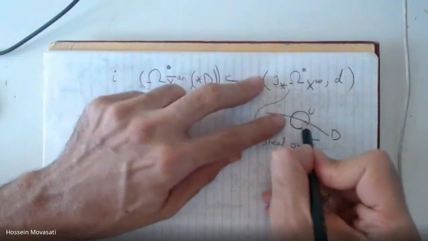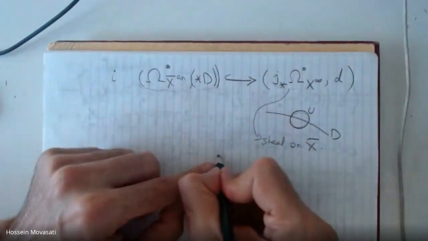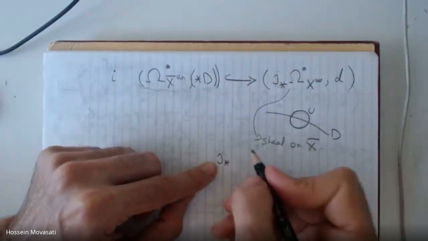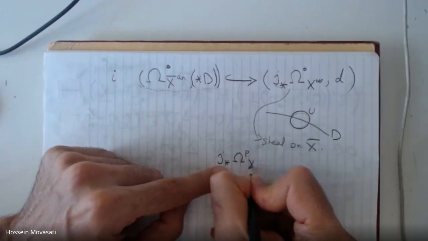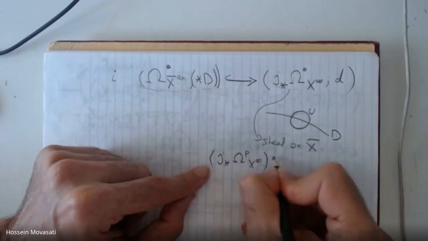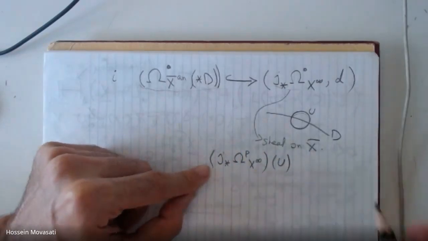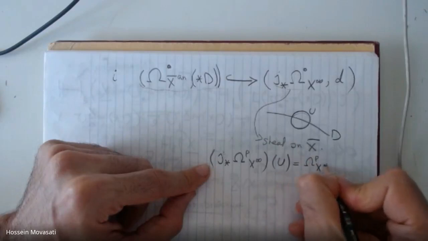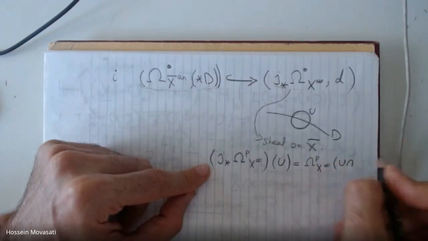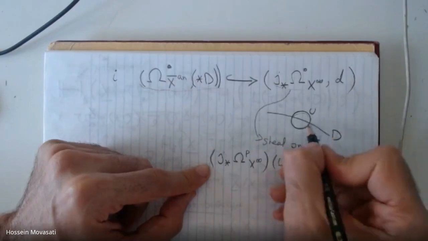The sections of this sheaf over U, for a small open set U, are just the C infinity forms in U intersected with X, just in this.